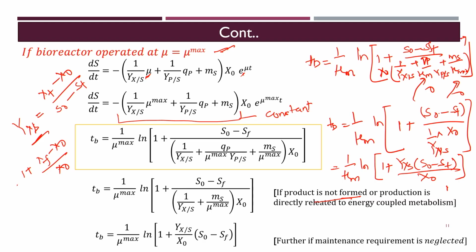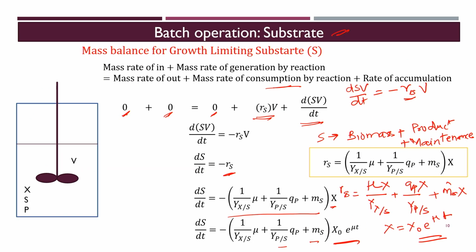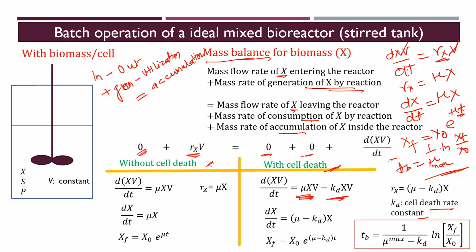So we will end up with xf upon x naught. This equation is further reduced to 1 upon mu max ln xf upon x naught. If you remember, this is the same expression we derived from the biomass balance. TB is 1 upon mu max ln xf upon x naught.